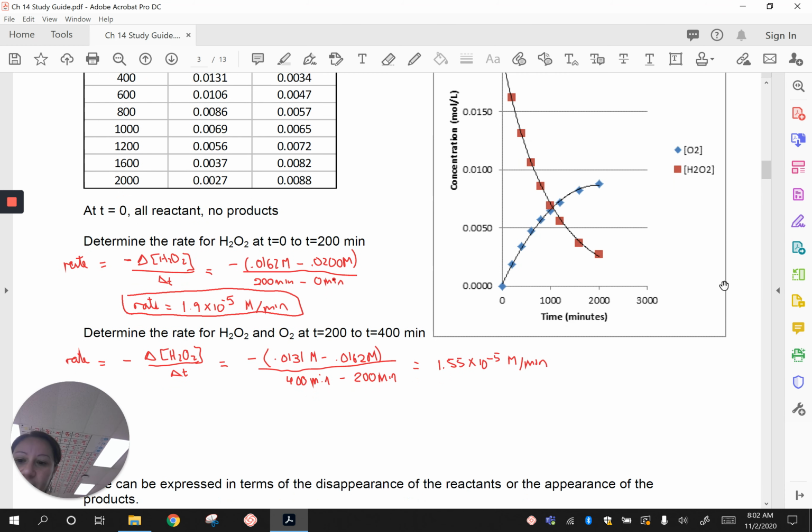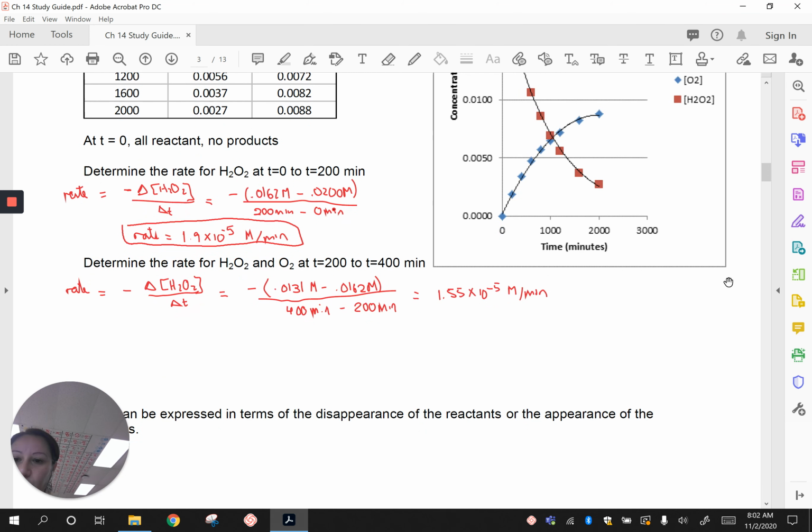Now let's do it with respect to the oxygen. So the rate is going to be equal to the change in concentration of the oxygen over change in time.